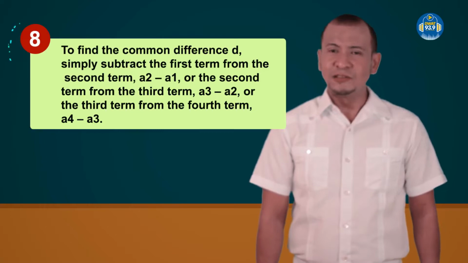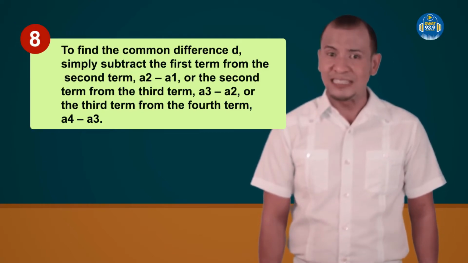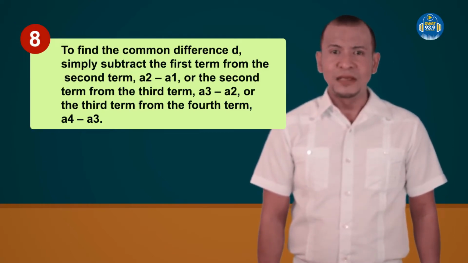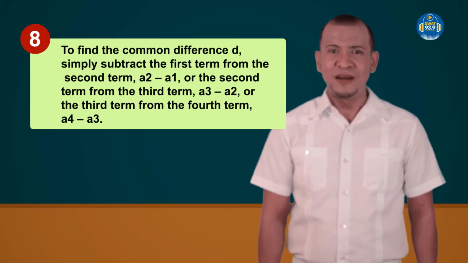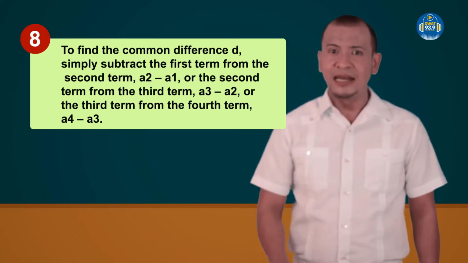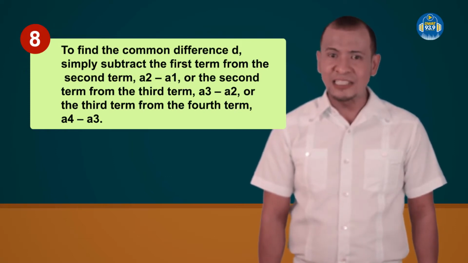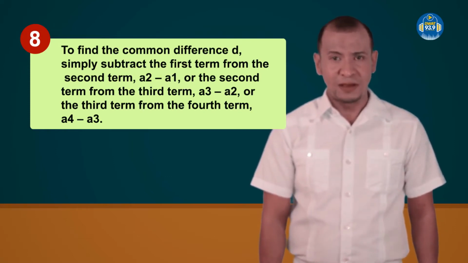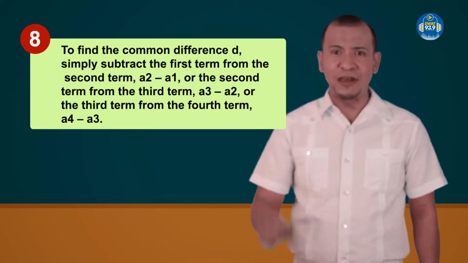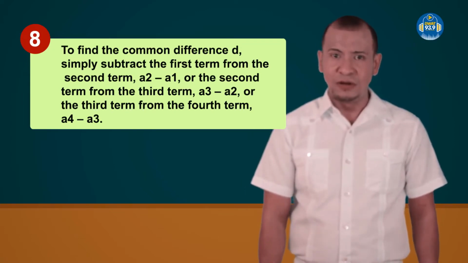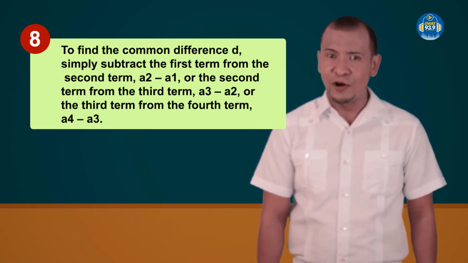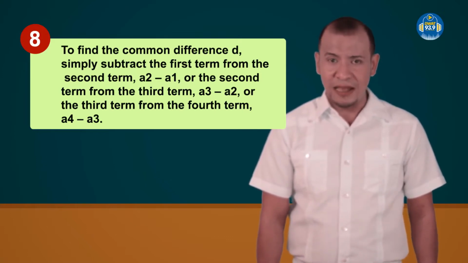Eighth, to find the common difference, which is d, simply subtract the first term from the second term, or a sub 2 minus a sub 1, or the second term from the third term, that is a sub 3 minus a sub 2, or the third term from the fourth term, or a sub 4 minus a sub 3.